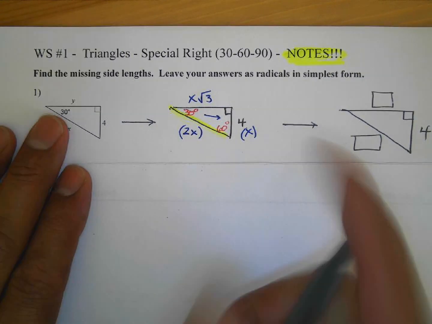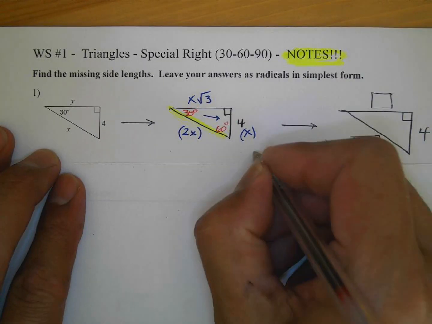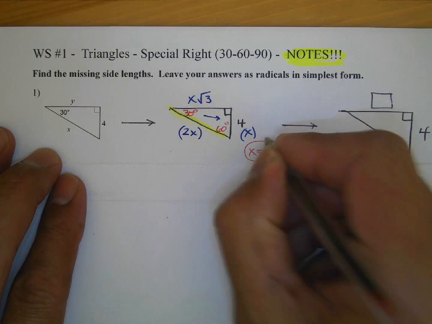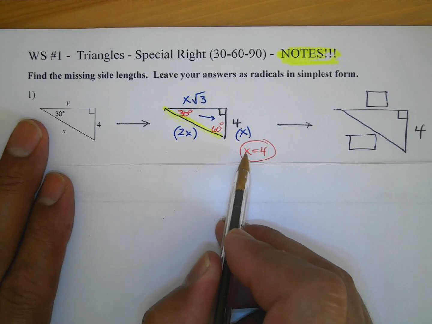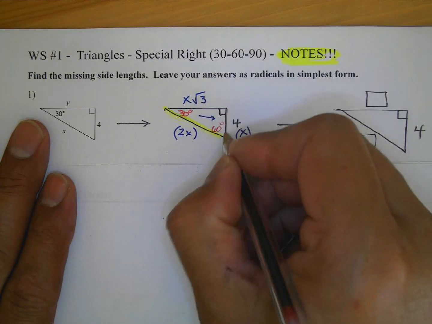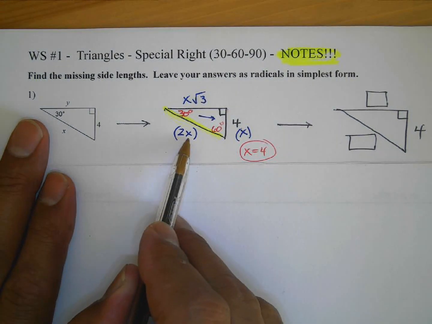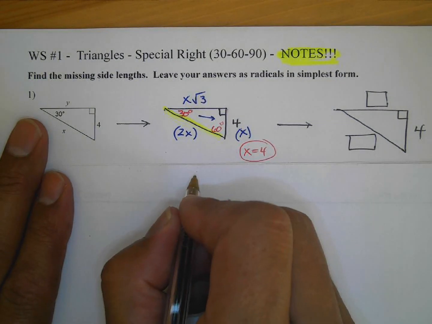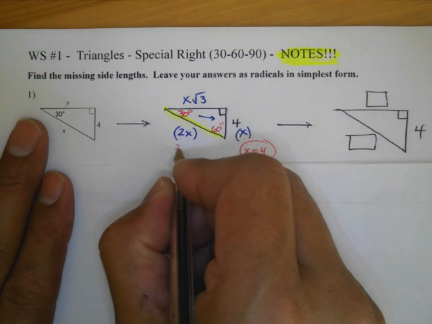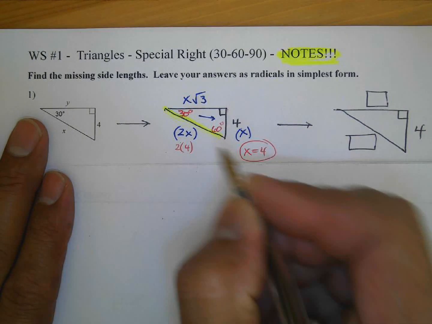I already know from right here that x is equal to 4. I had nothing to solve. It was right there. If x is equal to 4, that's this side. That's 4. This one measures what? 2 times the value of x. That would be 2 times 4.